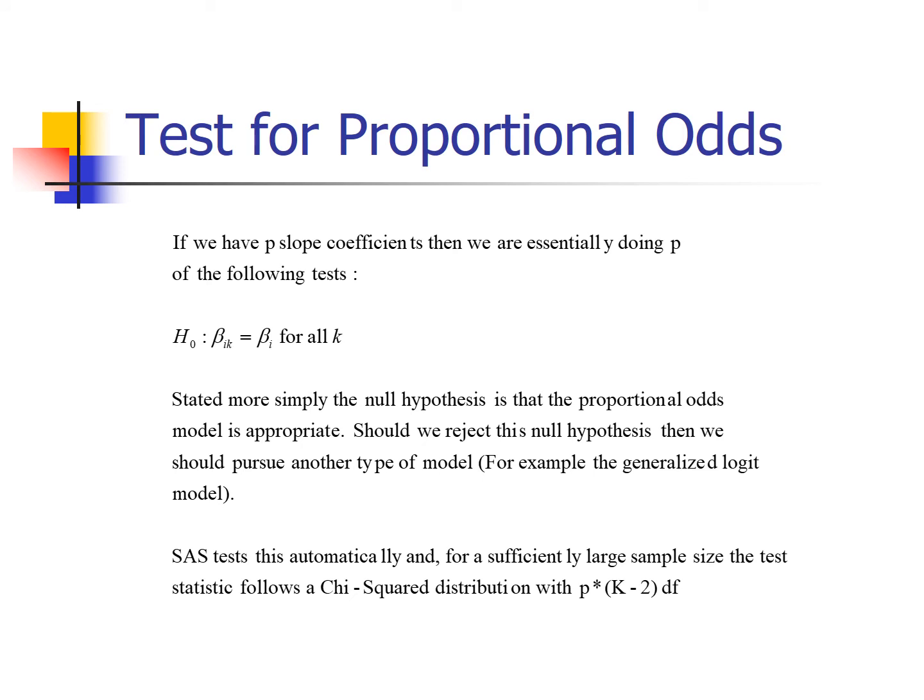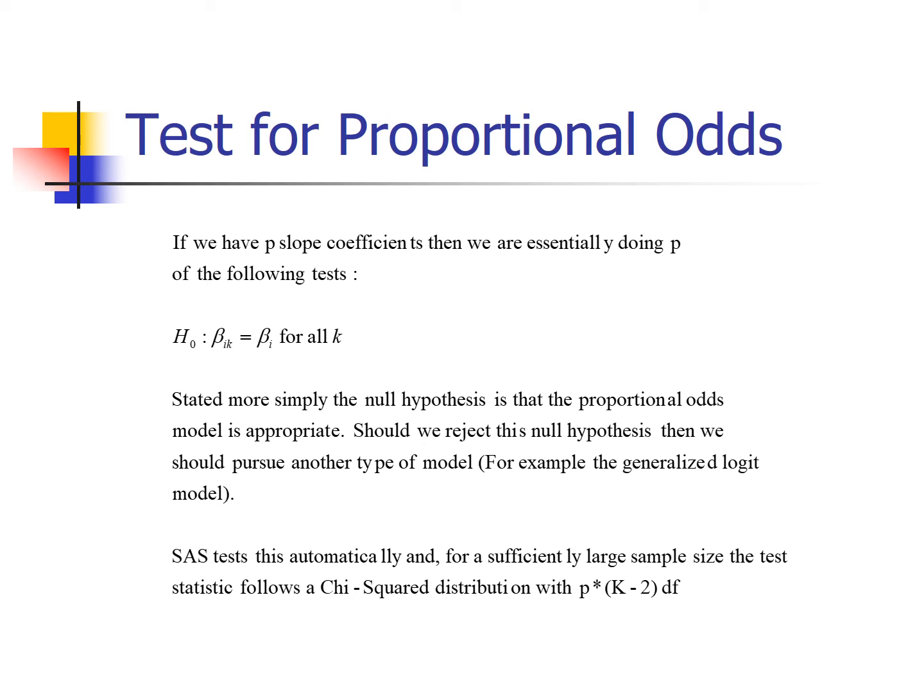If we have p slope coefficients, so p variables, then we're essentially doing p of the following composite tests. The null hypothesis is that the beta 1 coefficient for all k-1 equations is the same, and the beta 2 coefficient for all k-1 equations is the same, and we do this for all p variables.